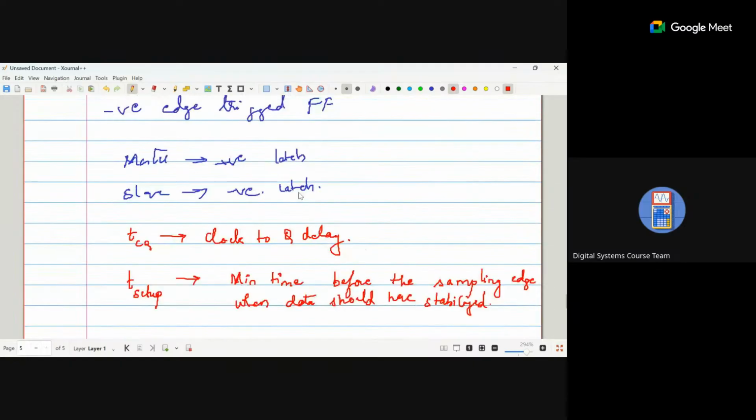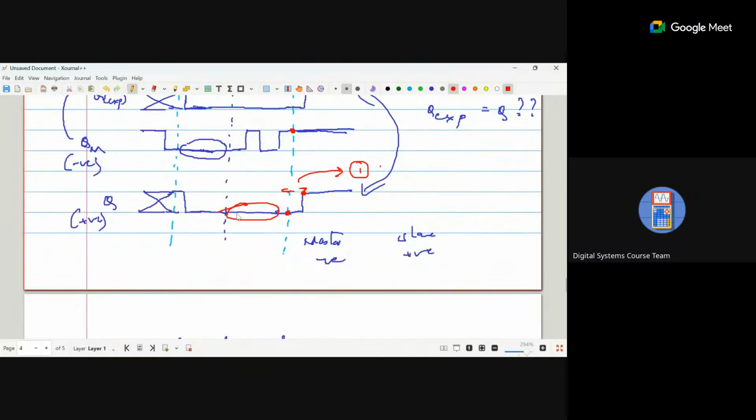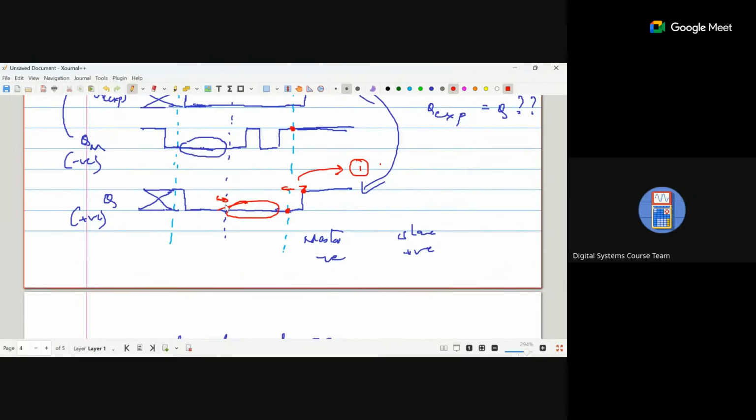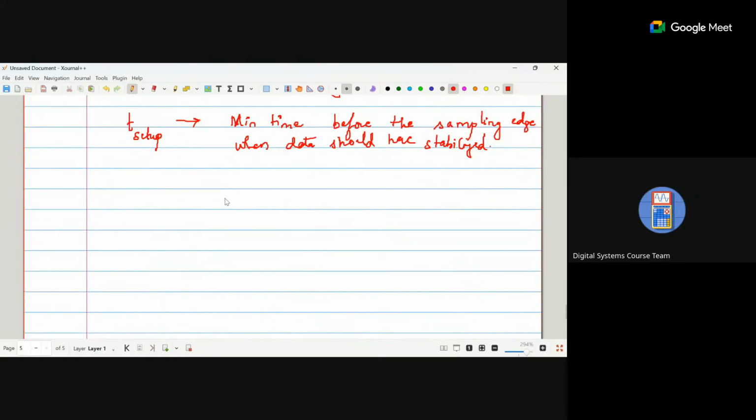If you see, there is this sampling time. There is a T setup before this sampling time, where the data should be stabilized. It should not go after it. So that particular delay is T setup. We'll come to more detail about this later, but now you can learn what it means.